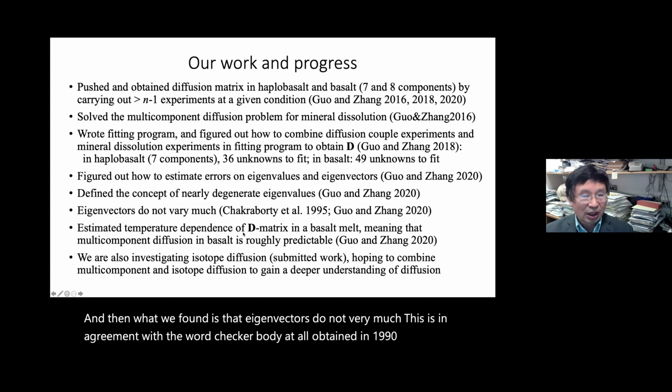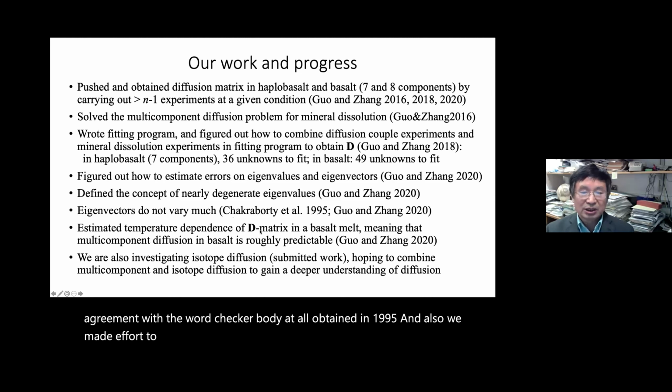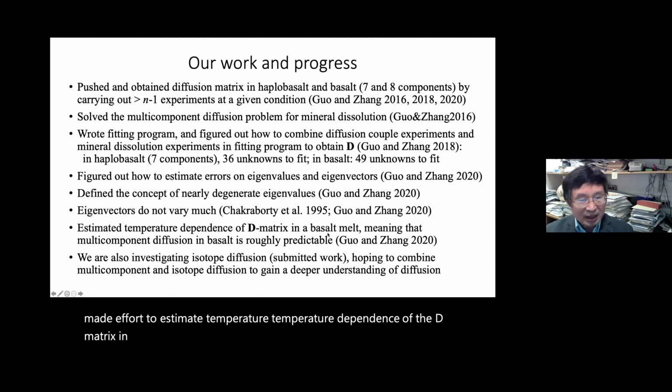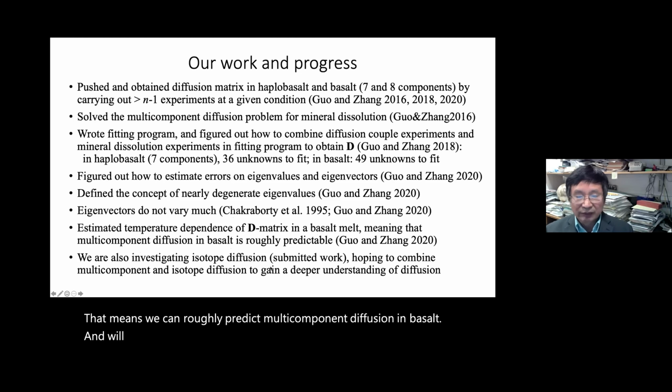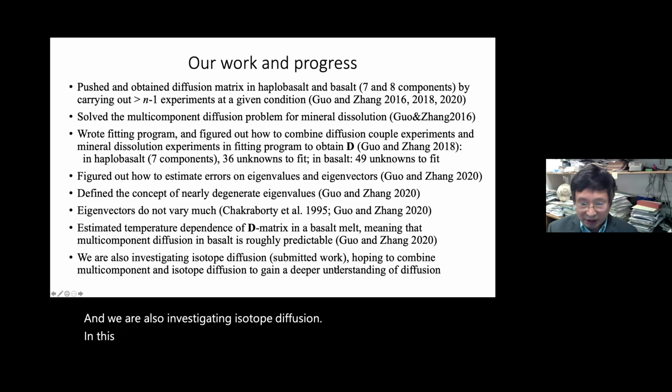We also made an effort to estimate the temperature dependence of the D matrix in basaltic melt. That means we can roughly predict multi-component diffusion in basalt. And we are also investigating isotope diffusion in the multi-component system.